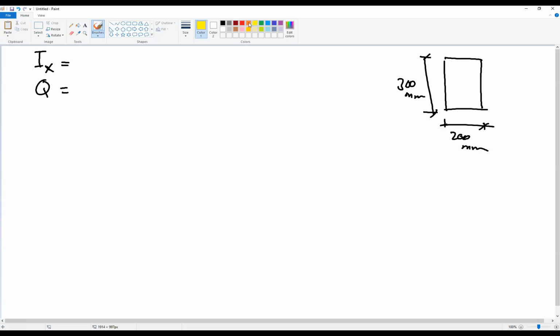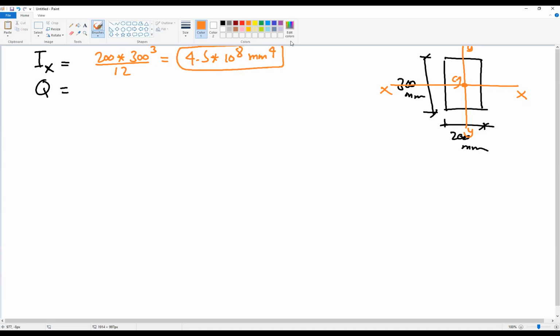This is a symmetric section, so the x axis and y axis are in the middle of the section, and this will be the centroid. Ix will be the parallel to x, 200, multiplied by the perpendicular to x, 300 cubed, divided by 12. This gives us I equal to 4.5 multiplied by 10 to the power 8 millimeter to the power 4. This is Ix.